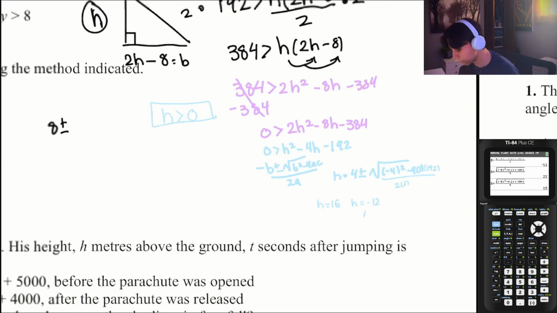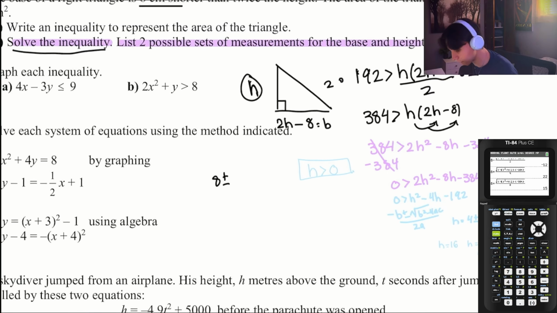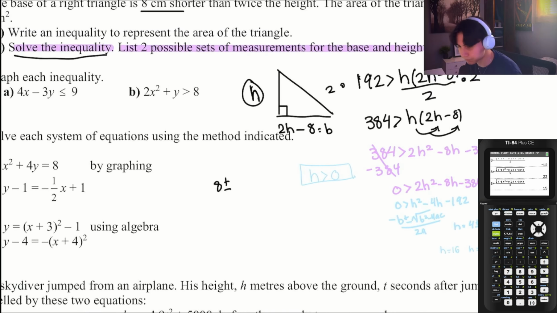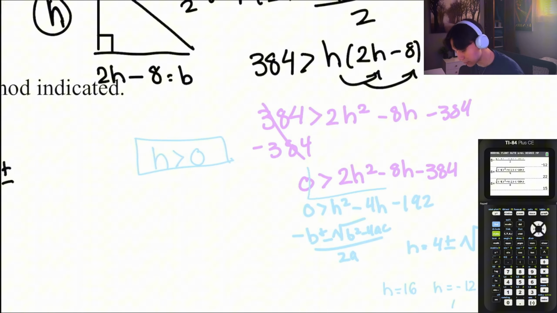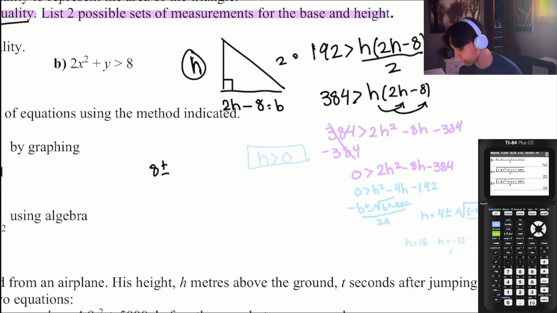Since we're looking for a set of possible measurements, we have to find the inequality that actually makes this true, because we have to fulfill the criteria of being less than 192, but still having the base be 2 times the height minus 8.